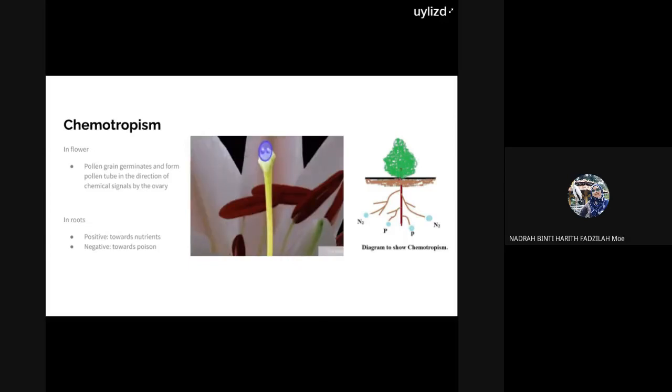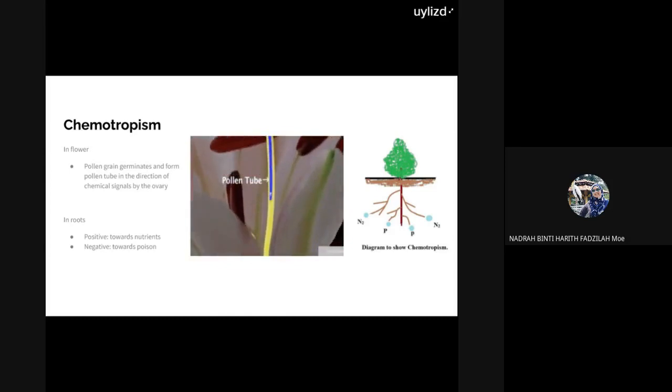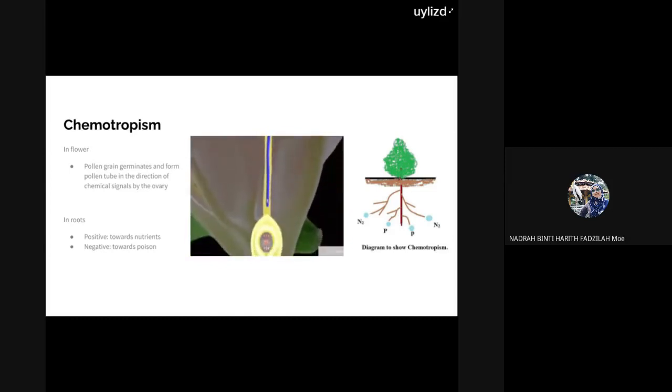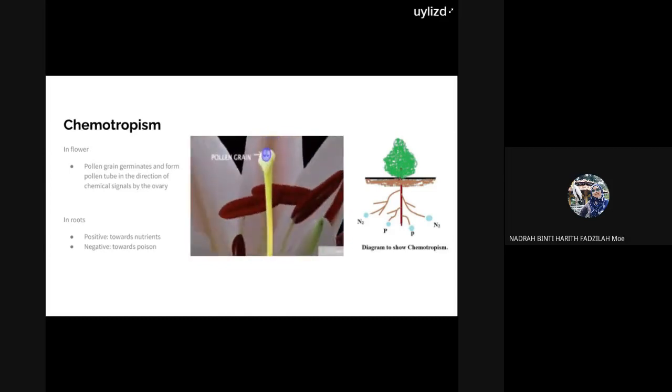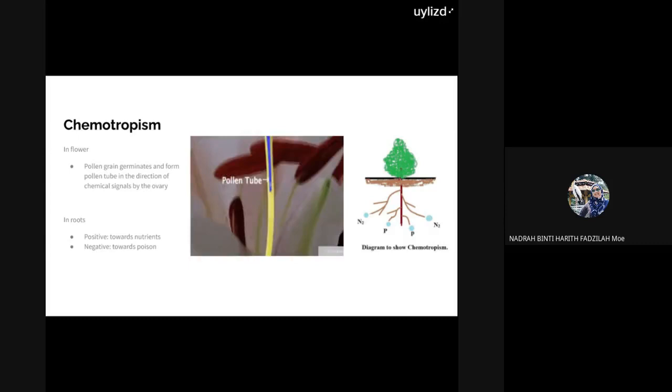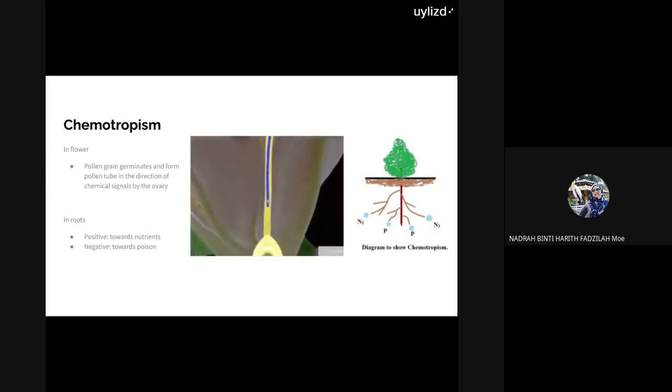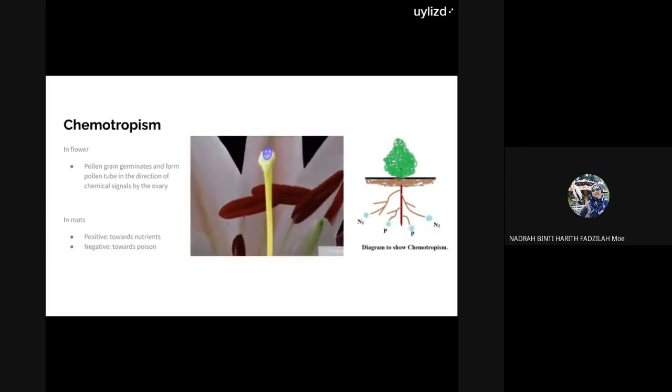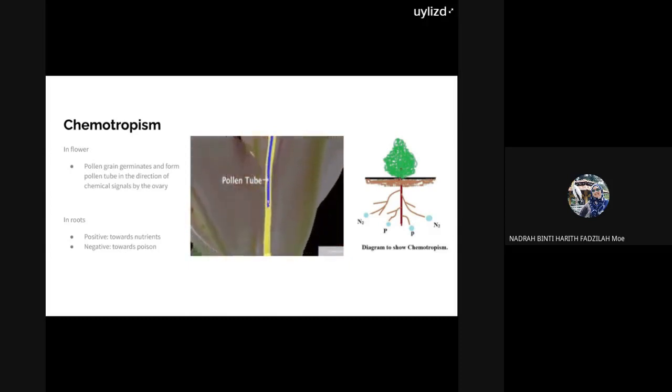Sebab itulah direction of pollen tube tu sama je untuk kebanyakan spesies tumbuhan. Mesti grow towards the ovary because it displays a positive chemotropism. Okay, the formation of pollen tube tu is a positive chemotropism response.